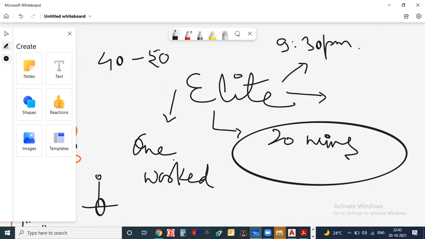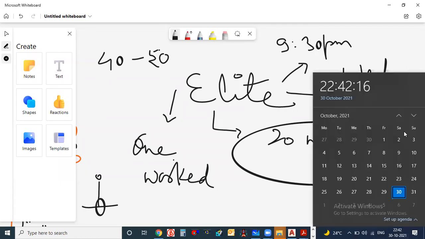If it is going 10-15 minutes above or below, just bear with that particular time. From Wednesday onwards I think Diwali is starting here, so my plan is to complete this Elite software up to Wednesday.